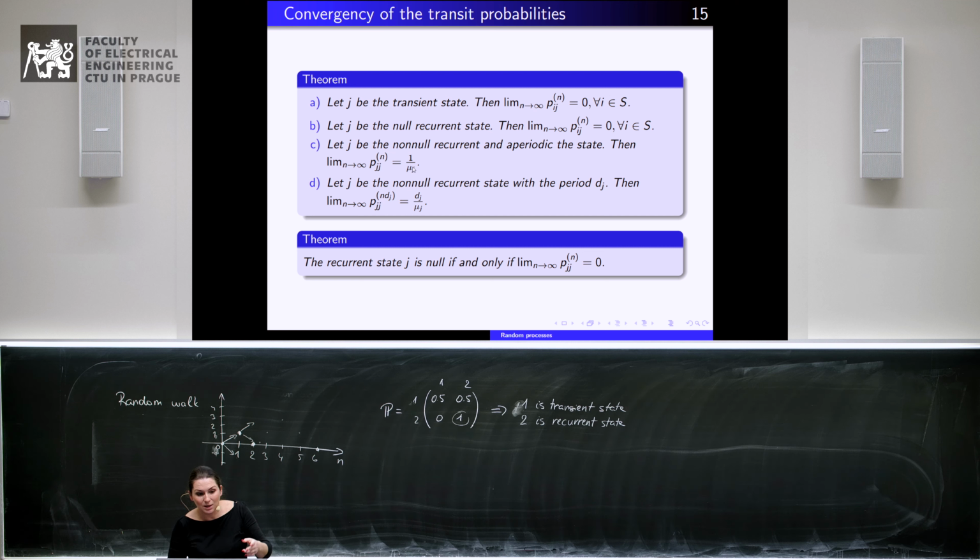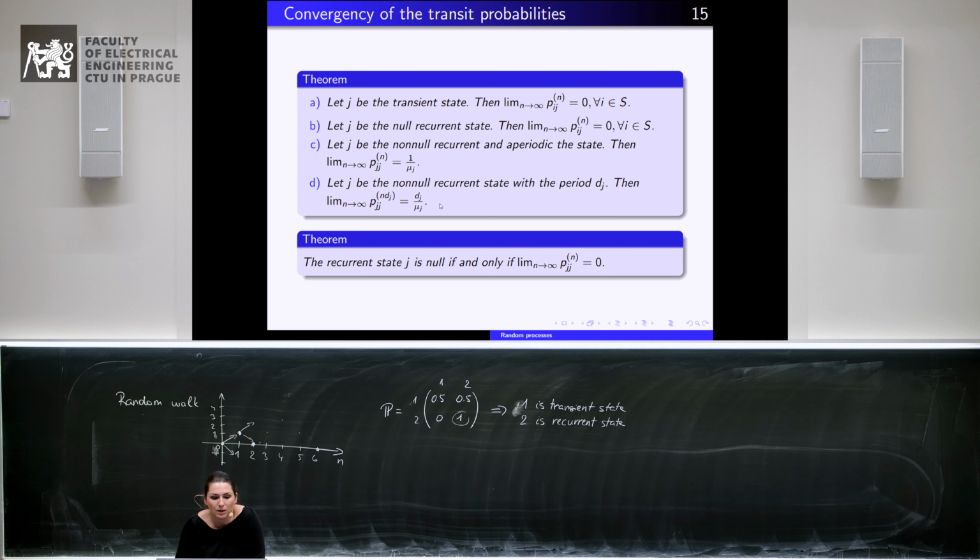And now you can see property B I was talking about before. If mu j, the average time, is equal to infinity, then this probability is equal to 1 over infinity, and it must be 0. So you can imagine property B in this sense.